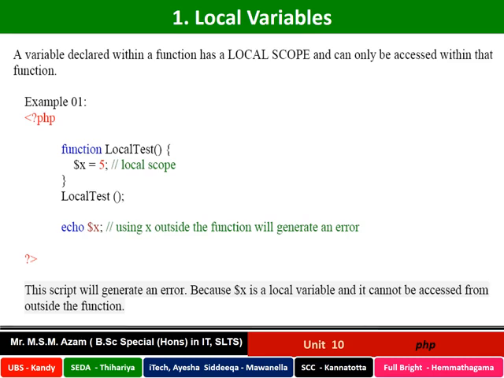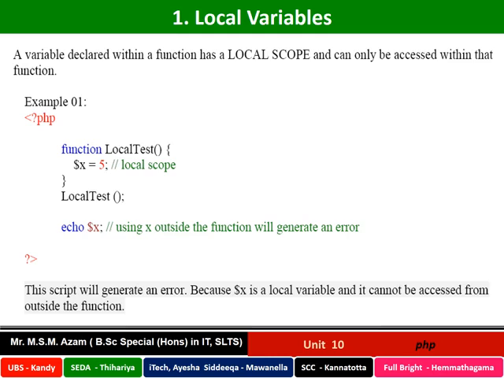After that, I close the declaration of the function, and later on I am going to call that function using localTest(); When I call that function, I am going to print the value of the variable x using the echo function.